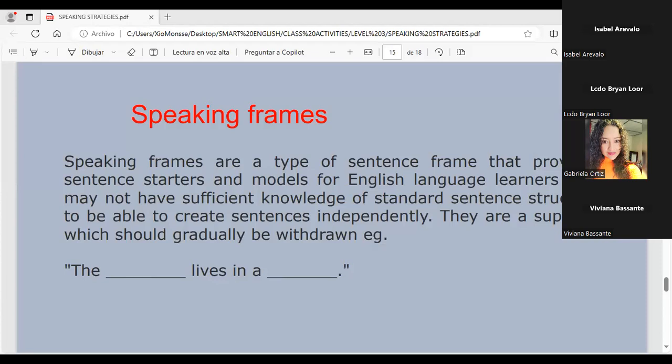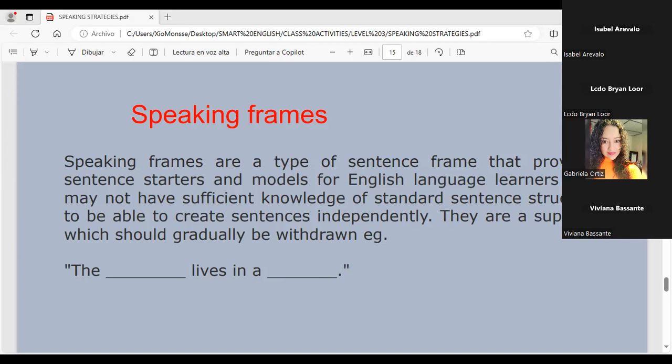But it could be difficult for a person who doesn't know anything. Like, as I told you, I had a student who had never seen English in her life. For that one, it could be difficult because they don't even know the structure, right? It is for students who don't know the structure, but this could be easy for beginners.